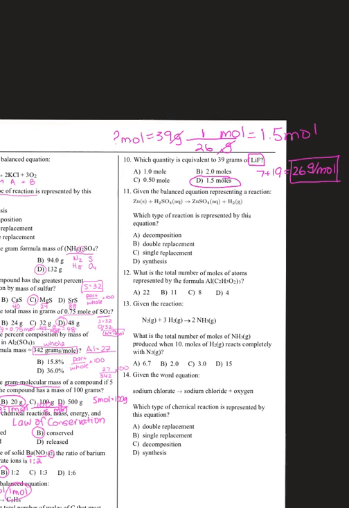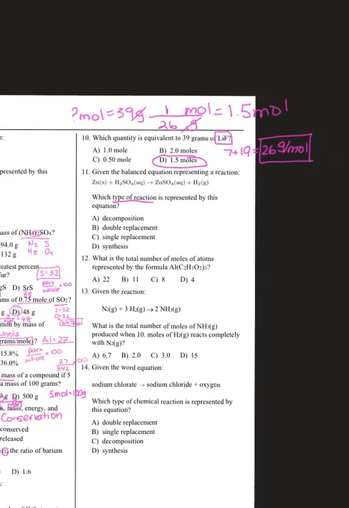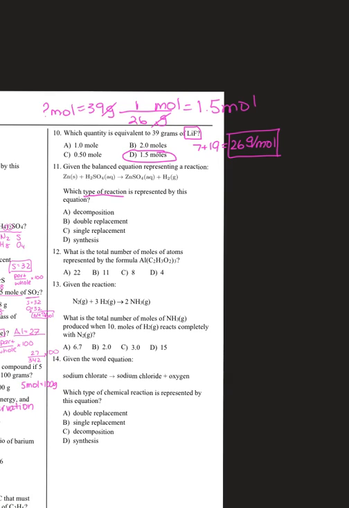Question 11. It's another type of reaction. So if we look at types of reactions, we have A plus B, which gives us AB, and this is synthesis. We have AB breaking down to A plus B. This is decomposition.